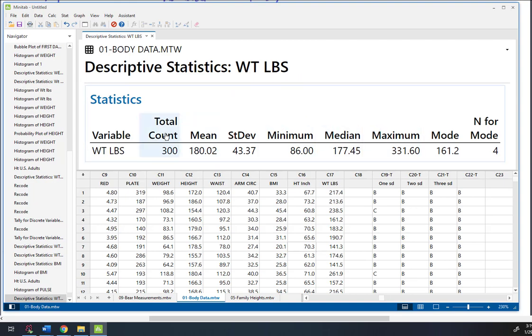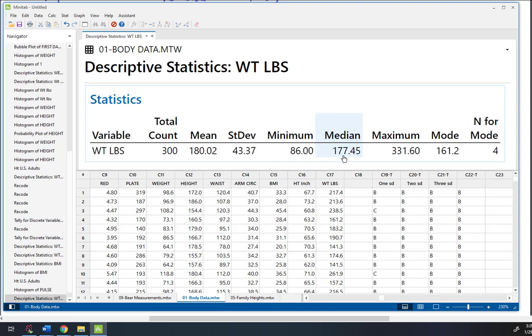Weight in pounds. There were 300 pieces of data. The mean was 180.02, and the standard deviation was 43.37. So that'll be an important number for us. That measures the variability. Now, just because we're here, here's the mean and here's the median, and this is something we learned in the last lecture.